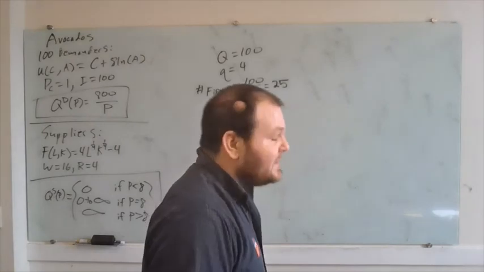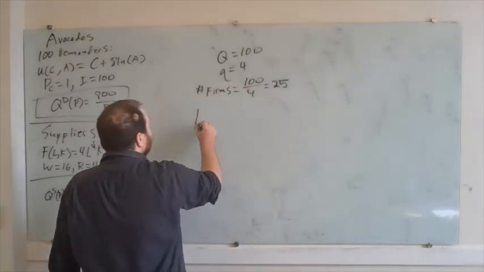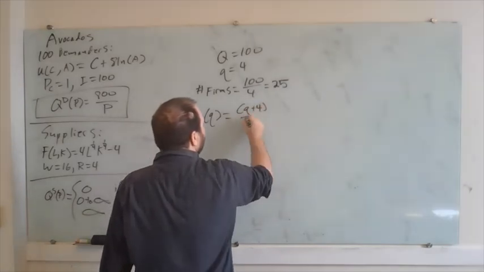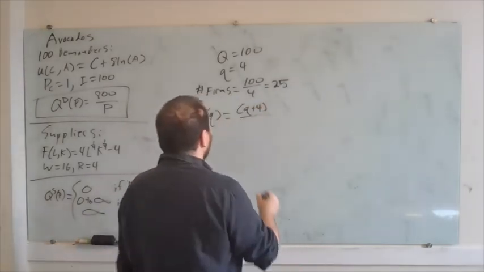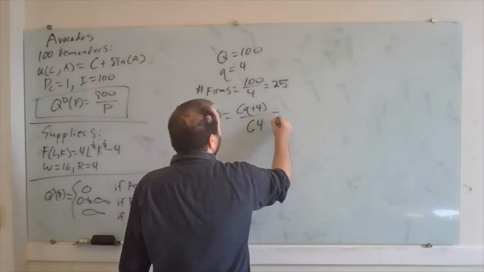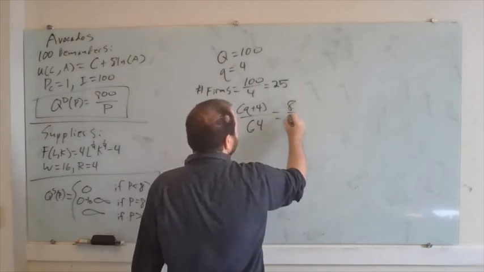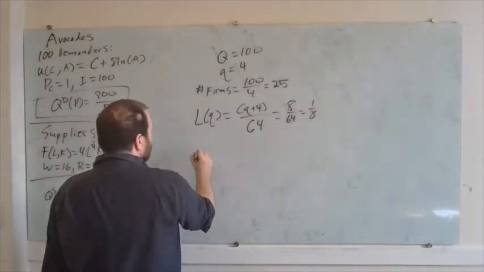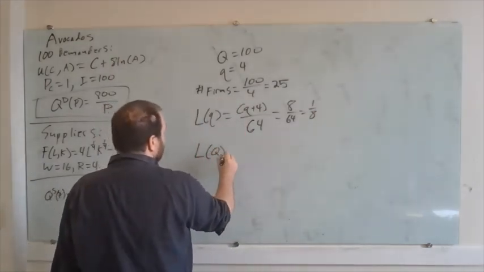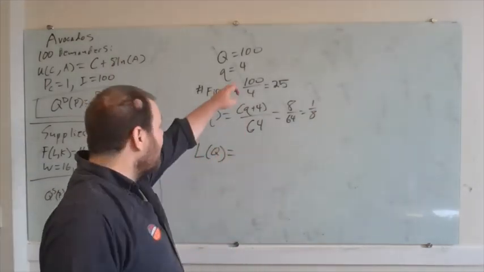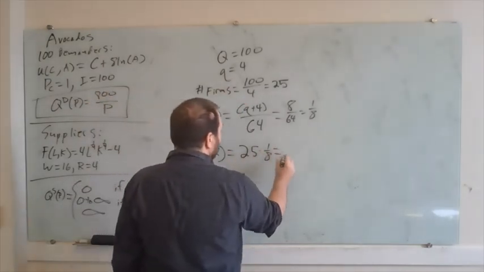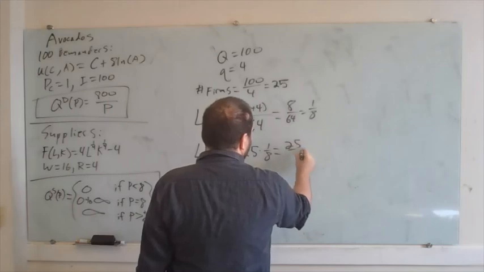We can also say, we know that each farm used L of Q equals Q plus 4 over 64 workers, or 8 over 64, or 1/8 of a worker. So we know that our total labor demand, when we're growing 100 avocados, is going to be 25 times 1/8, which I'll just leave as 25/8.